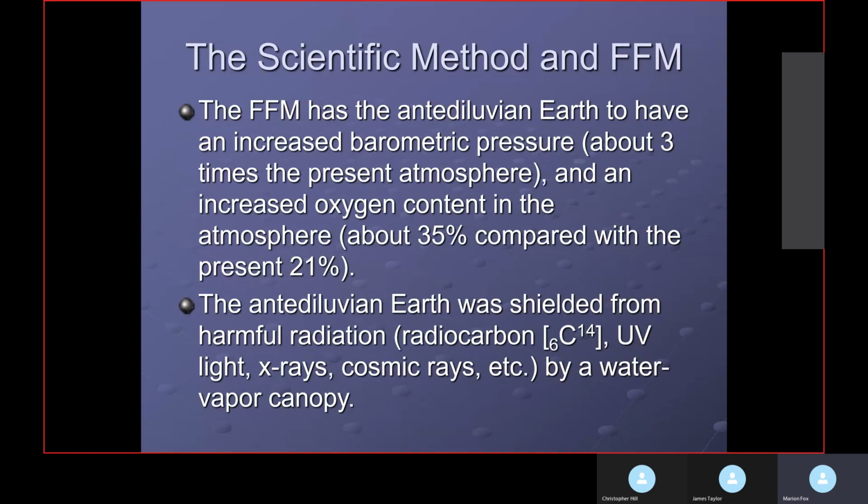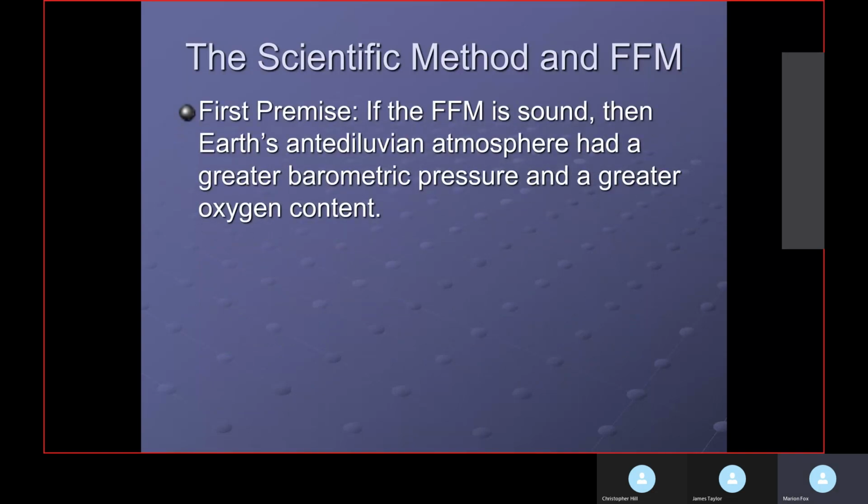Radiocarbon would not be formed, and UV light, which damages us, if some people get enough of it, you get skin cancer. X-rays would be blocked by it. Cosmic rays would be blocked by it, both cosmic rays that are galactic as well as those that are in the solar system, by this water vapor canopy. Okay. Now, here's the first premise.